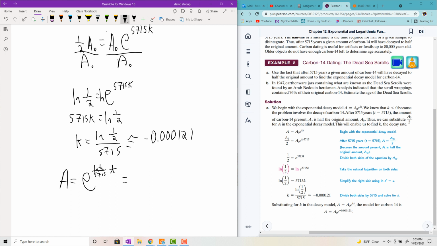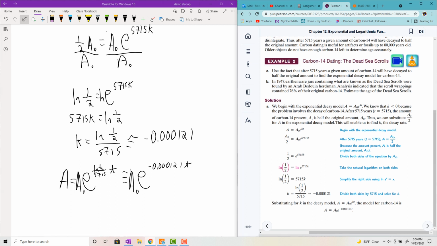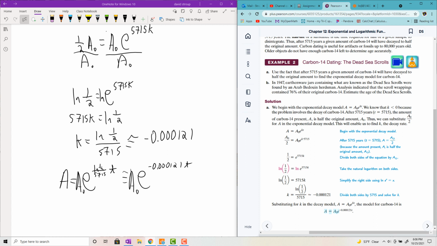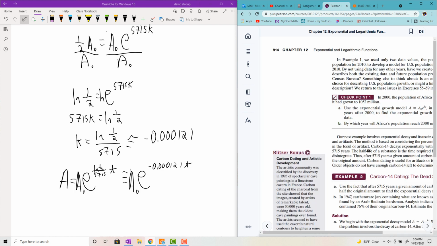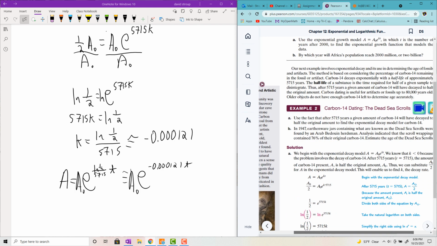So this will be approximately A equals A sub 0 e to the negative 0.000121t. They give you that model there in the book. I'm trying to highlight it, but it's not letting me. It's right there. So we're able to construct our formula based off that.